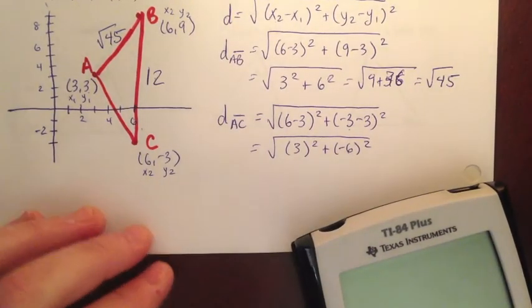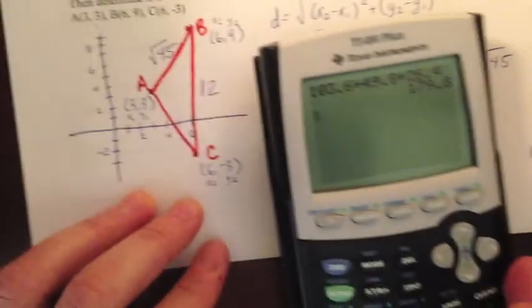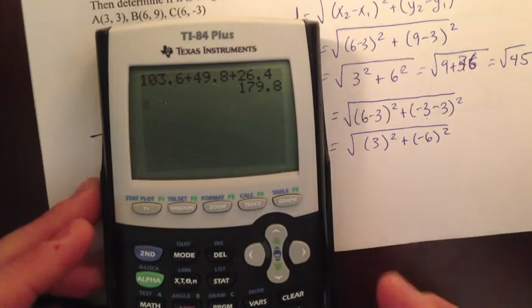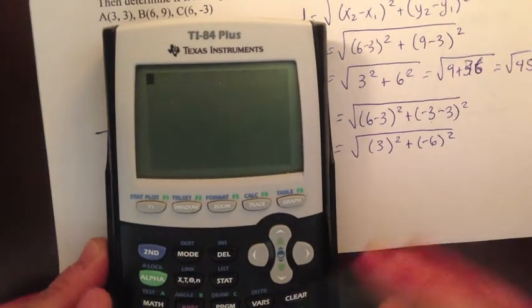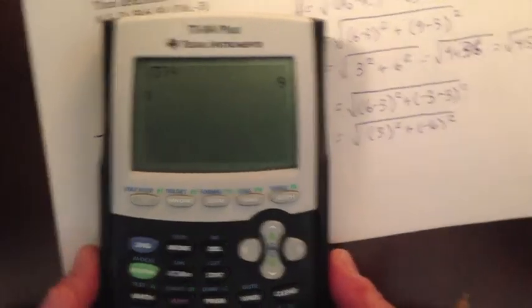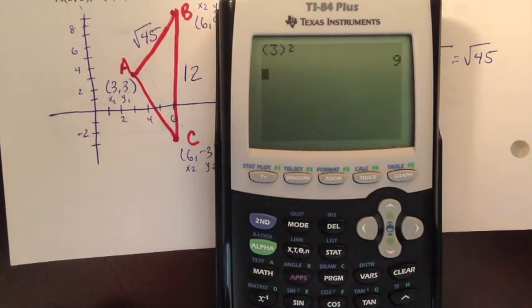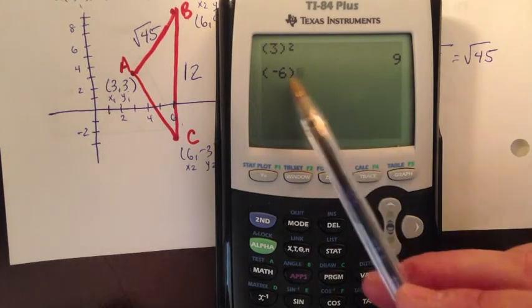Okay. When I type this on the calculator, I've got to be real careful here. 3 squared is not a problem. When I do 3 squared, that's going to give me positive 9. Now when I square negative 6 though, I have to remember to put this in parentheses.